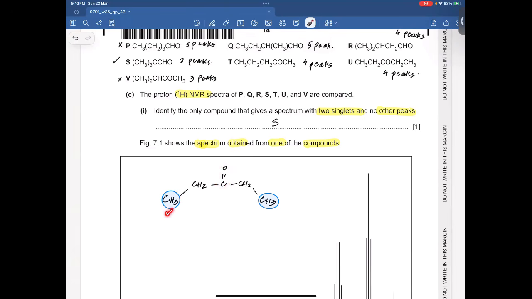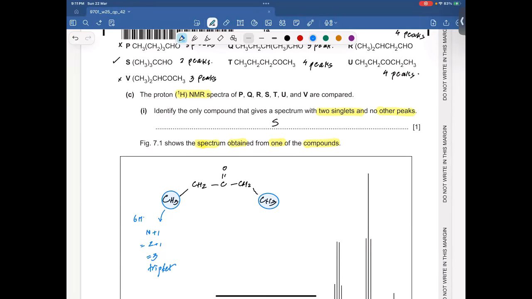Now these 6 hydrogens have 2 neighboring hydrogen atoms. So I'm going to apply the n+1 rule here. So 2 plus 1 is going to be 3. So it's going to be triplet.